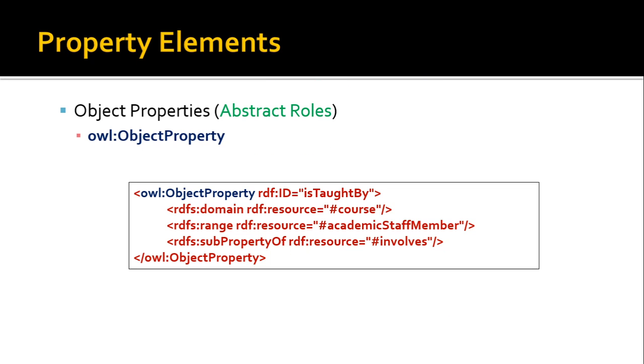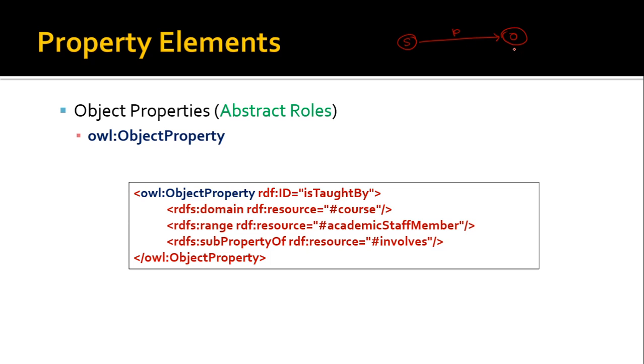Now, in the introductory slides, I have talked about two types of properties. One is the set of object properties, the other is the set of data type properties. So this is required because of the way RDF works, right? So in RDF, say you have one subject, you have a predicate, then there is a corresponding object, right?